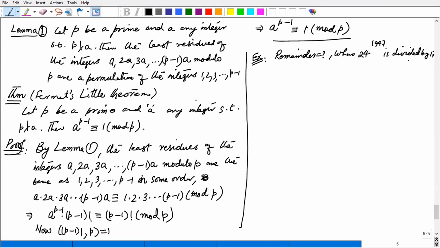Okay, so let me write 17 here. So divided by 17.